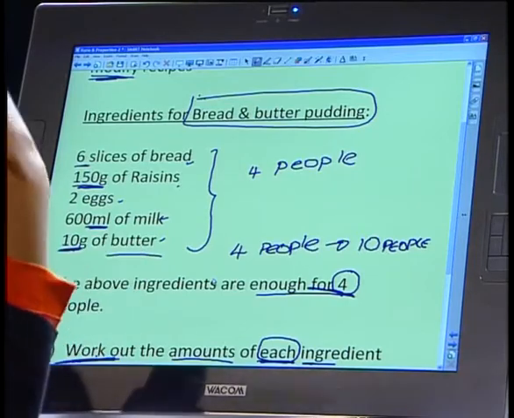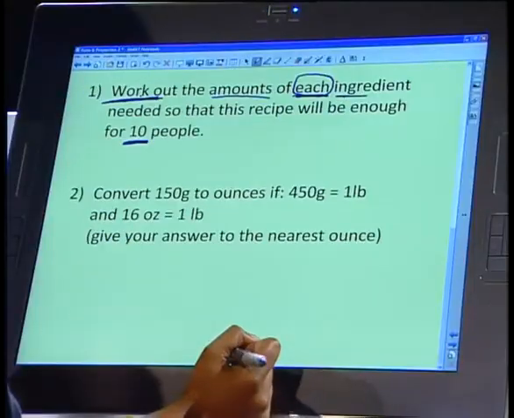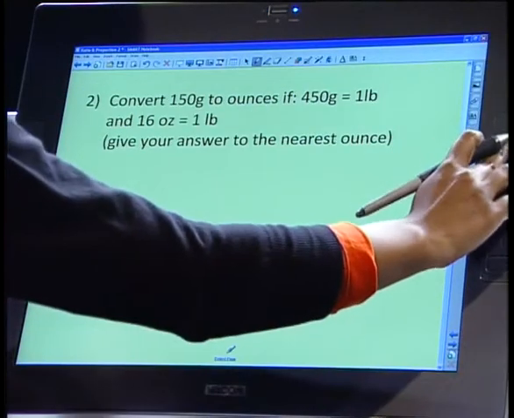Now, what you should realize is obviously as the number of people increase, as you make this recipe for more and more people, you are going to need more and more ingredients. So as the number of people increases, the number of ingredients are also going to have to increase. Okay, so they ask us to work out the amounts of each ingredient for 10 people.